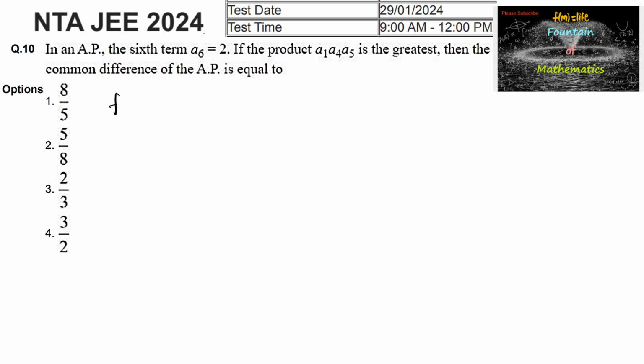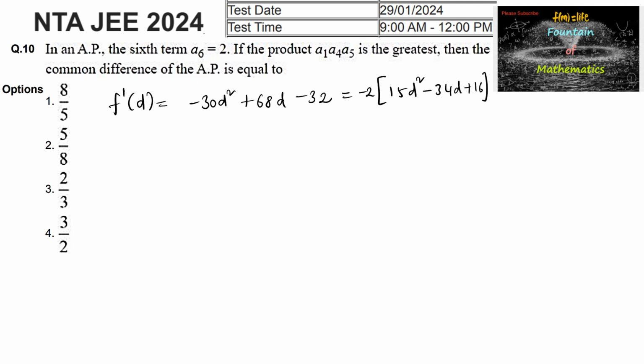So after simplifying you will get f dash of D is equal to minus 30D square plus 68D minus 32, or we can write minus 2 taken common: 15D square minus 34D plus 16.